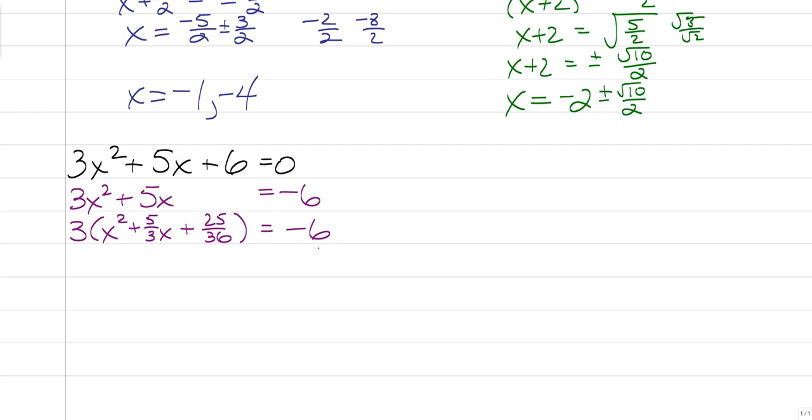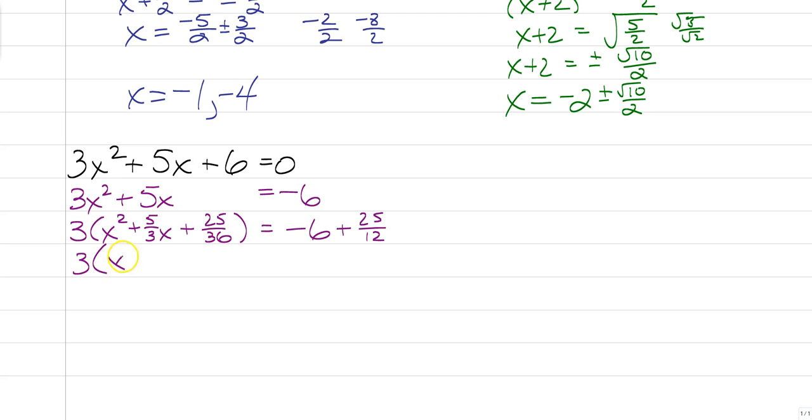But remember, before you add that to the other side, you have to multiply it by 3. So 25/36 times 3 would actually be 25/12. So that would be plus 25/12.